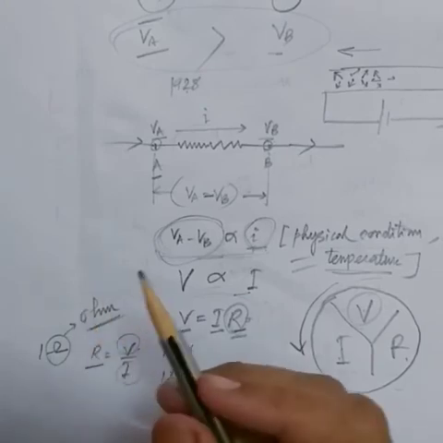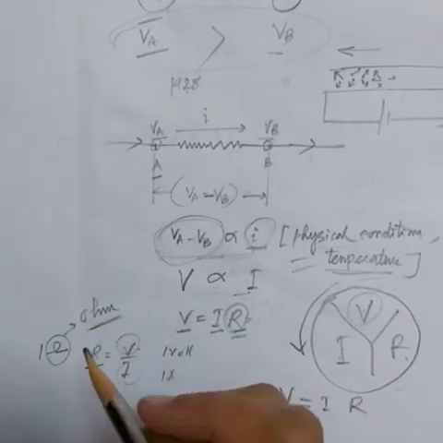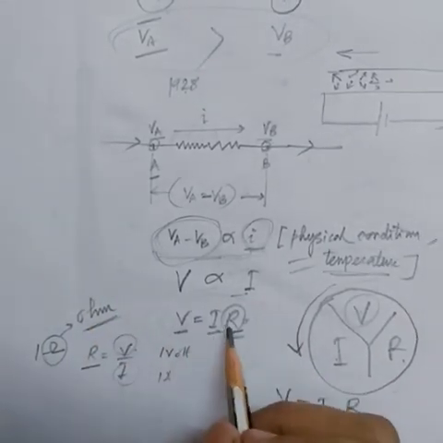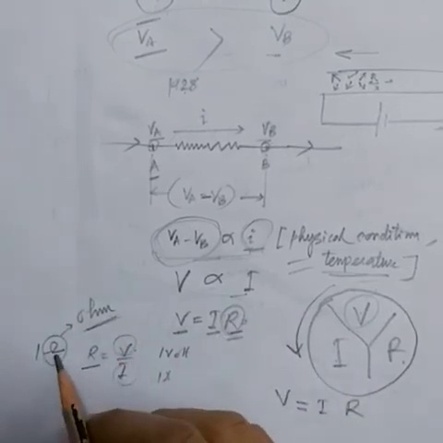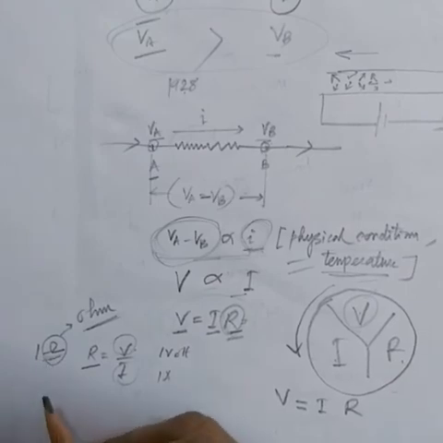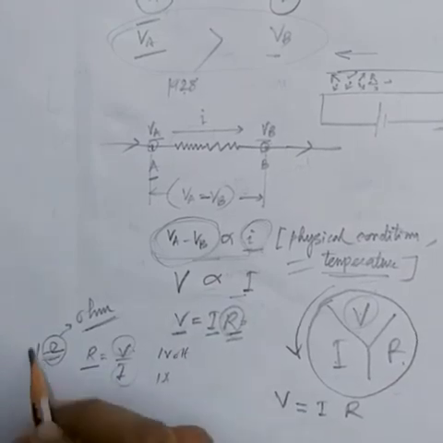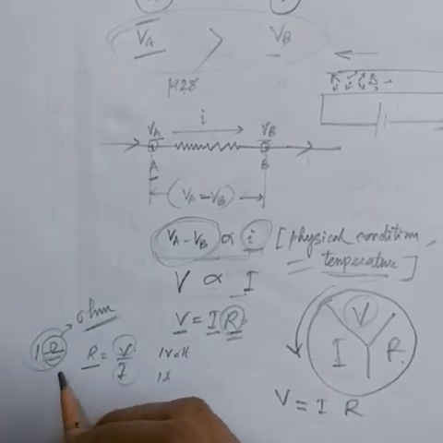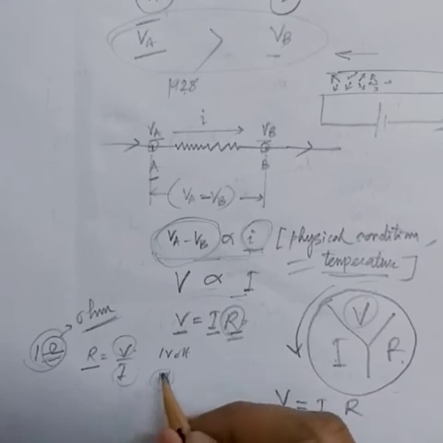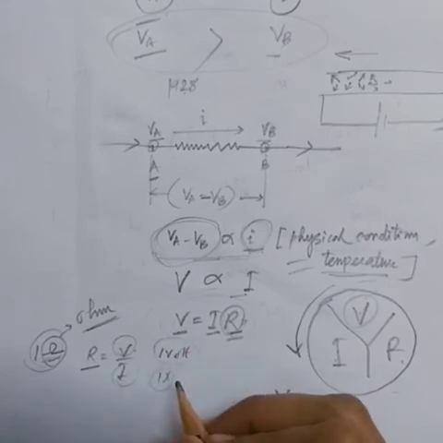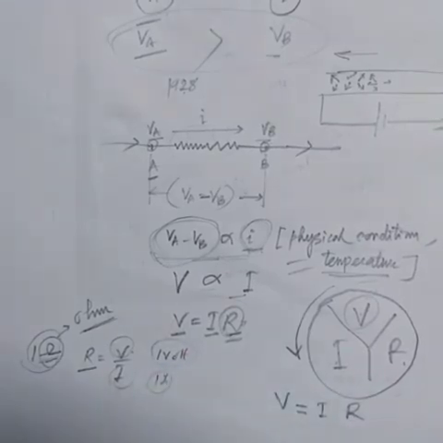In honor of Georg Simon Ohm, the unit of resistance has been given the name ohm, and this is written as the capital omega symbol. So 1 ohm resistance is defined as the resistance offered by the conducting wire when 1 ampere current flows due to 1 volt potential difference.